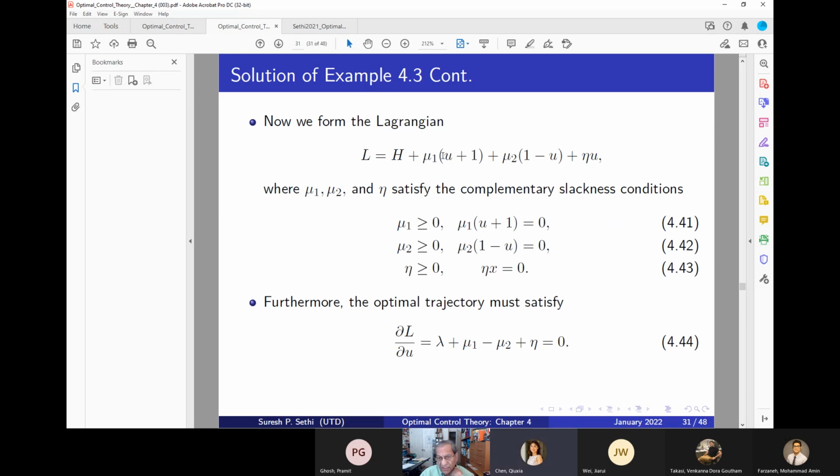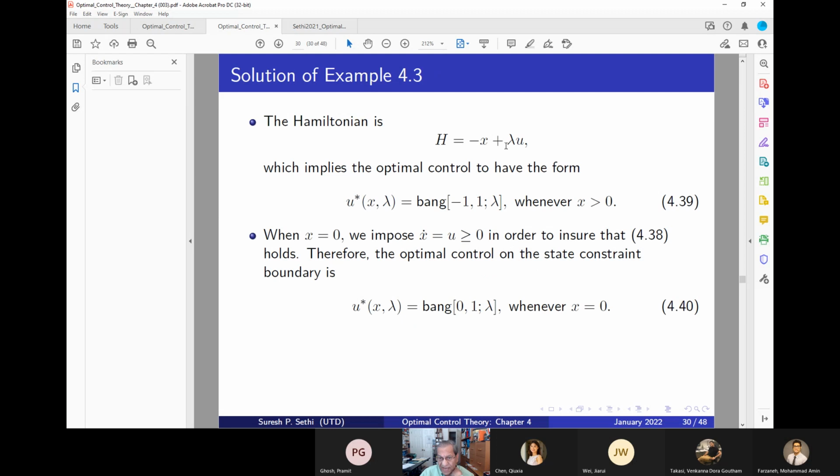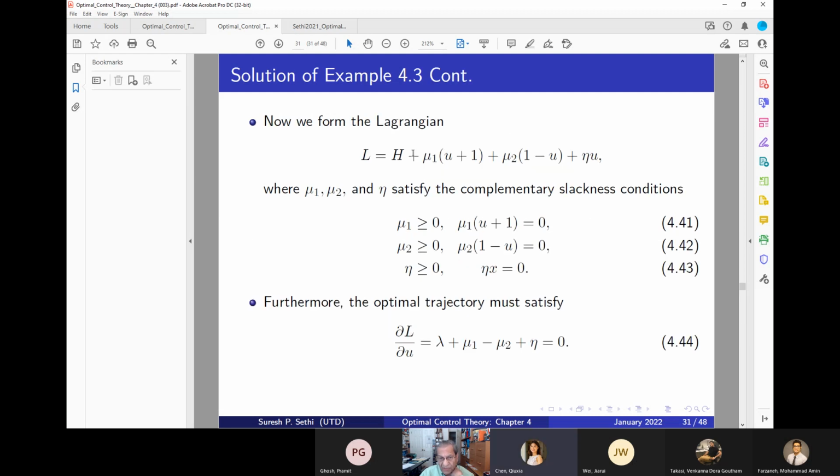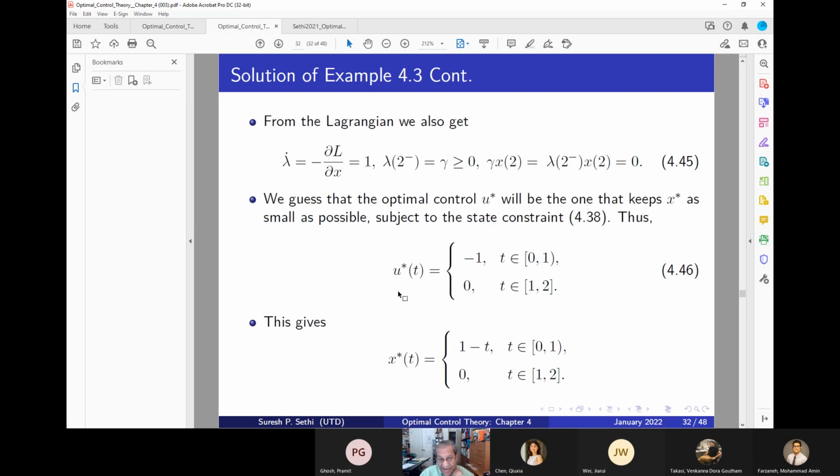The Hamiltonian is minus x plus lambda u, right? There's no x here. So the lambda dot is minus delta L delta x, which is going to be 1, because there's only minus x in the Lagrangian. So lambda dot will not change.